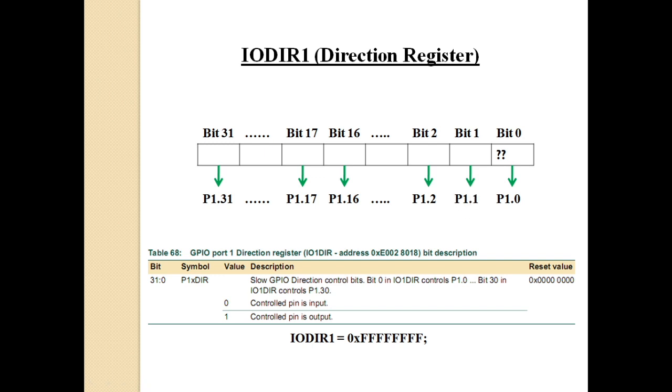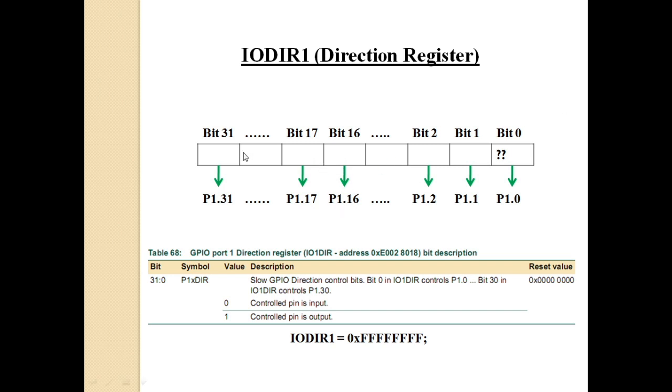In my case, I am using 16 LEDs connected to P1.16 to 31. So all the bits from P1.16 to 31 should be written with what value? 1. So 1, 1, 1, 1, 1. Each bit should be written with the value 1. When you write 1, you are configuring that corresponding pin as output.